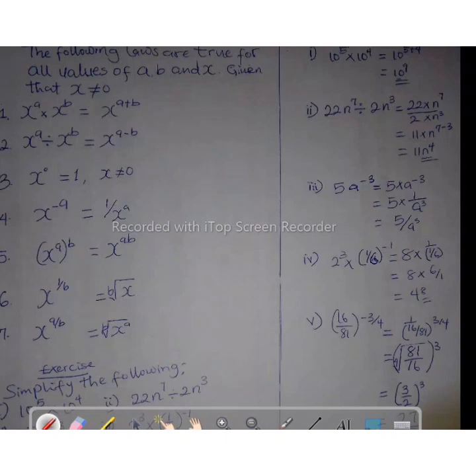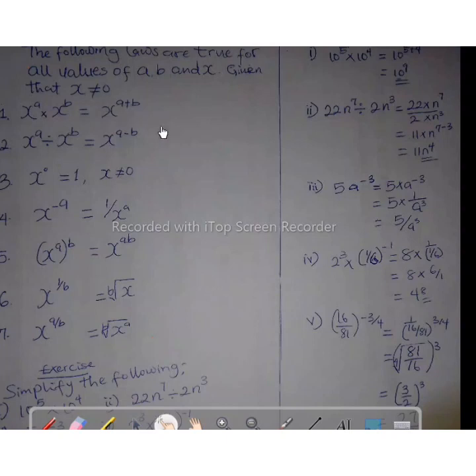As you can see from here, let me pick my pointer. You can see that we have x raised to power a, and we have x raised to power b, with a multiplication sign between them. Then I pick one x and then add up their indices.